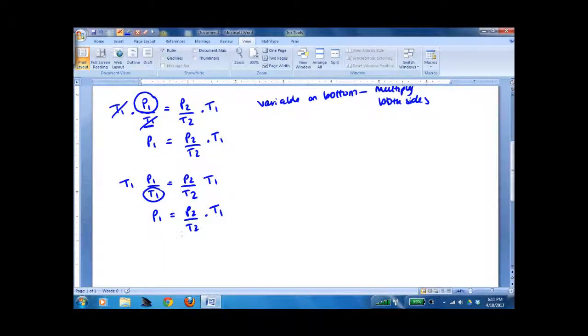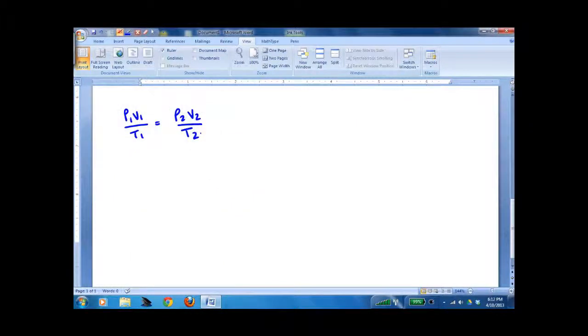And now I have to get rid of the rest of this, get it onto this side, so that I have T1 on its own. So I have T2 on the bottom, so I'm going to multiply both sides by T2. But P2 is on the top, so I'm going to divide by P2. And if we do this, well, these cancel out. And we'll have T2 times P1 over P2 equals T1.